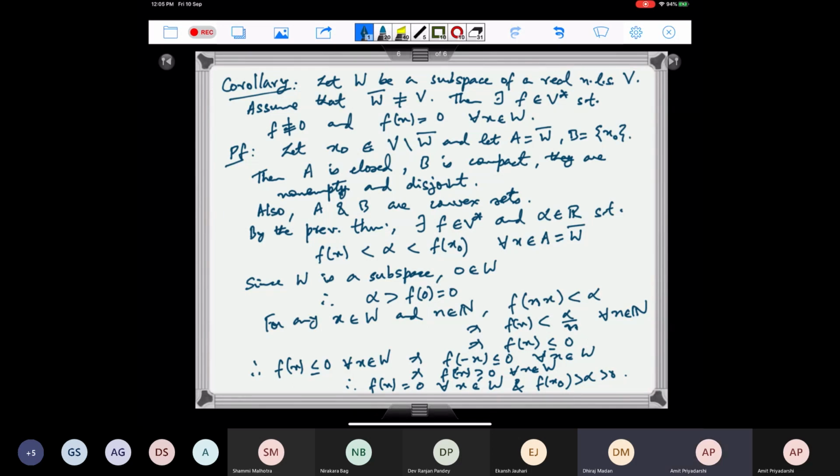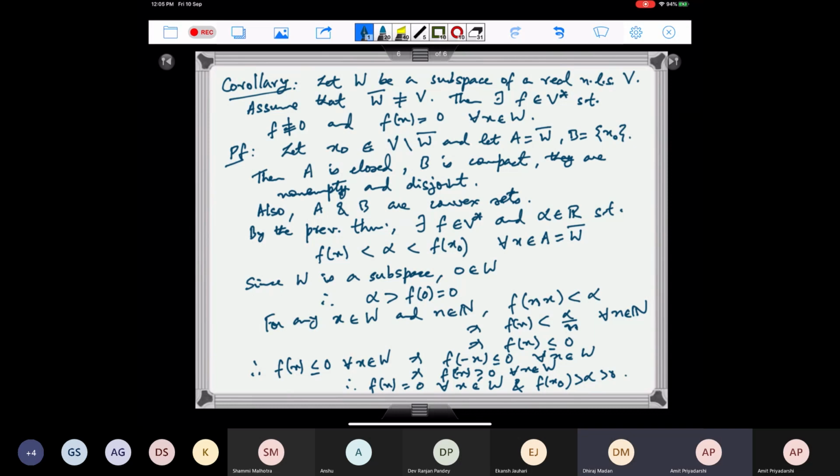Right. So if we take the interior of W and take one element in the complement of W.